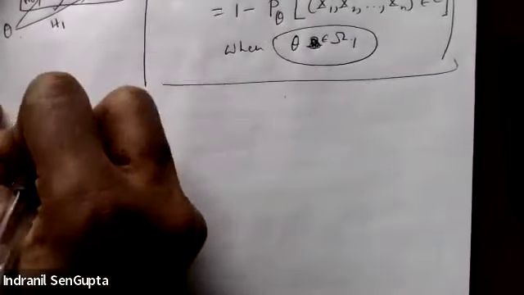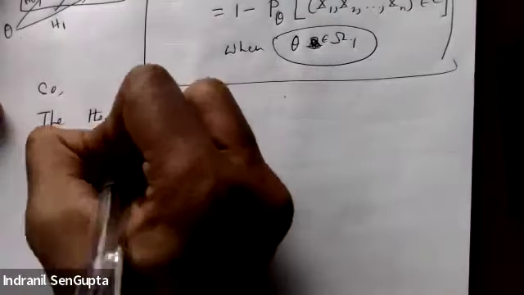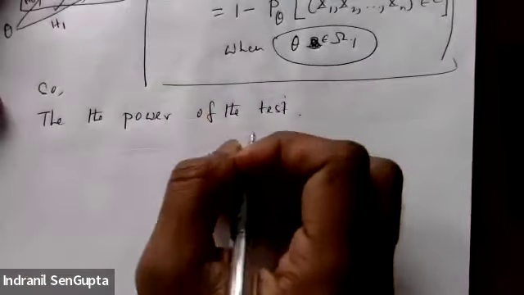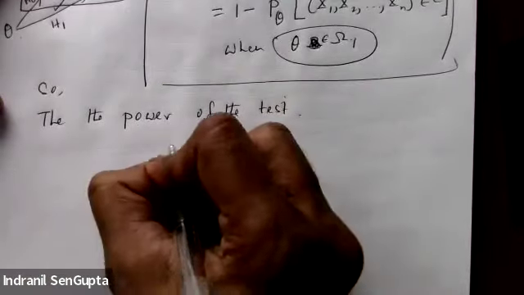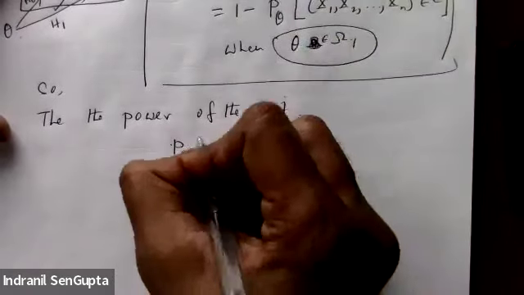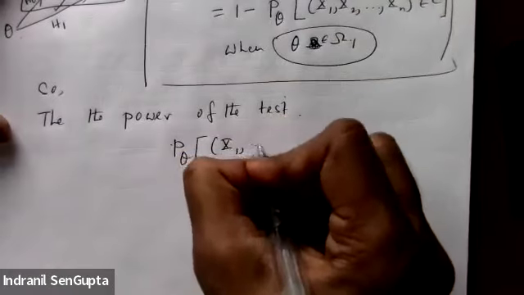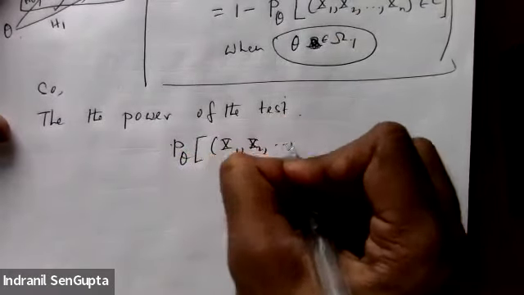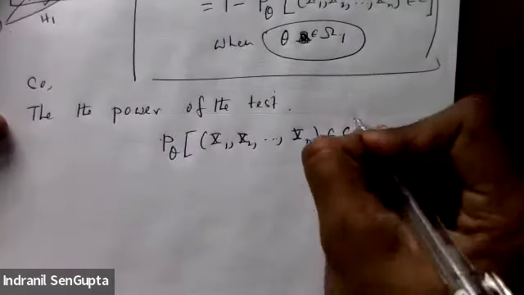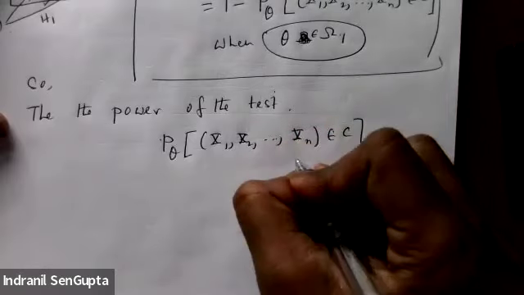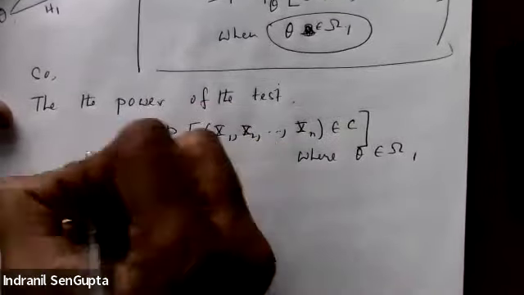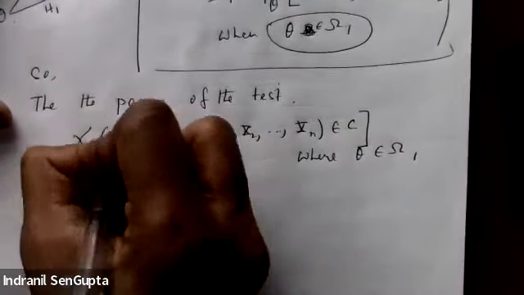So the power of the test is given by, in this notation, p theta of (x1, x2, ..., xn) in C, where theta is in omega 1, and we'll usually write this as gamma_C of theta.